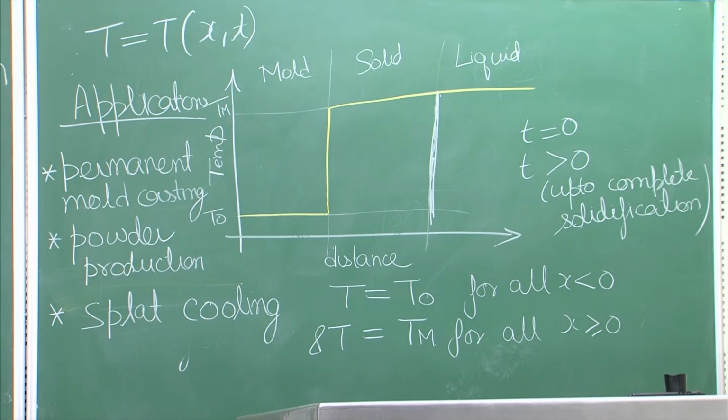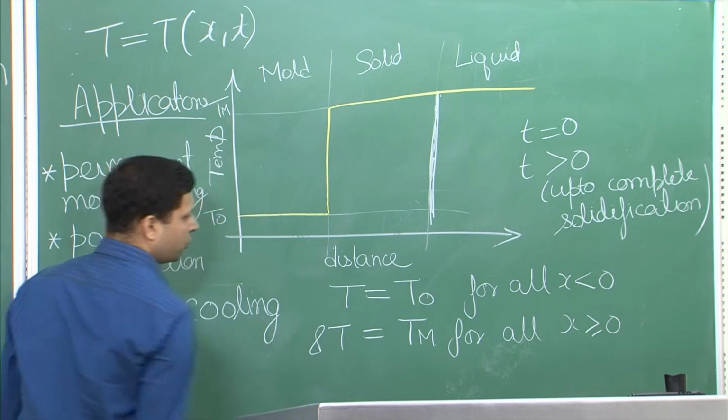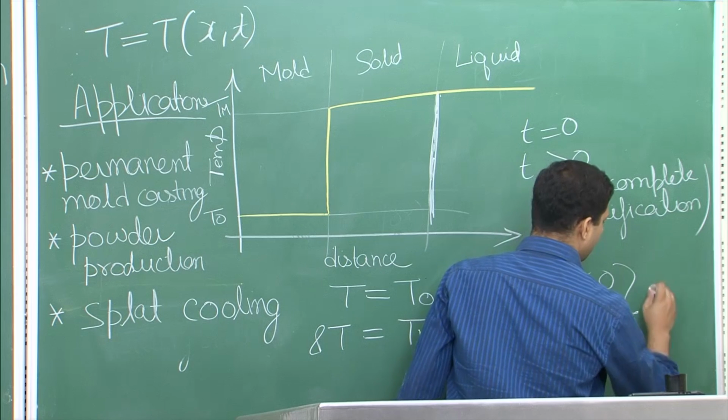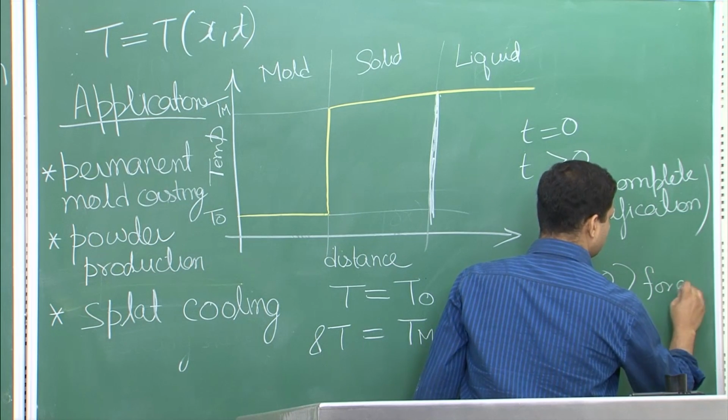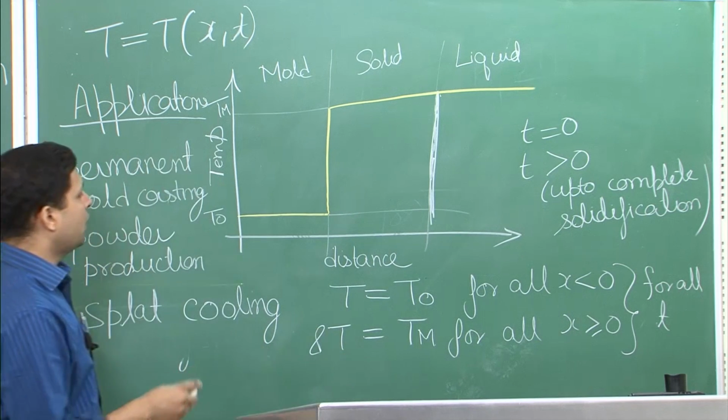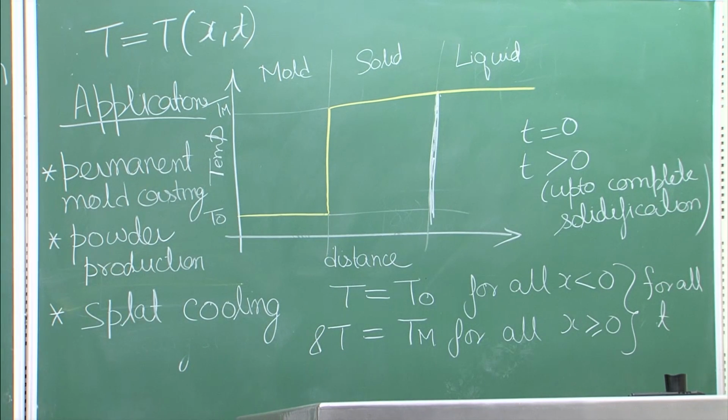So we are getting that this is the relation, T equal to T naught, and this is true for all t. So if you want an explicit function of T in terms of x and t, this is how it will look like. T is equal to T naught for all x less than 0 and T is equal to Tm for all x greater than or equal to 0.